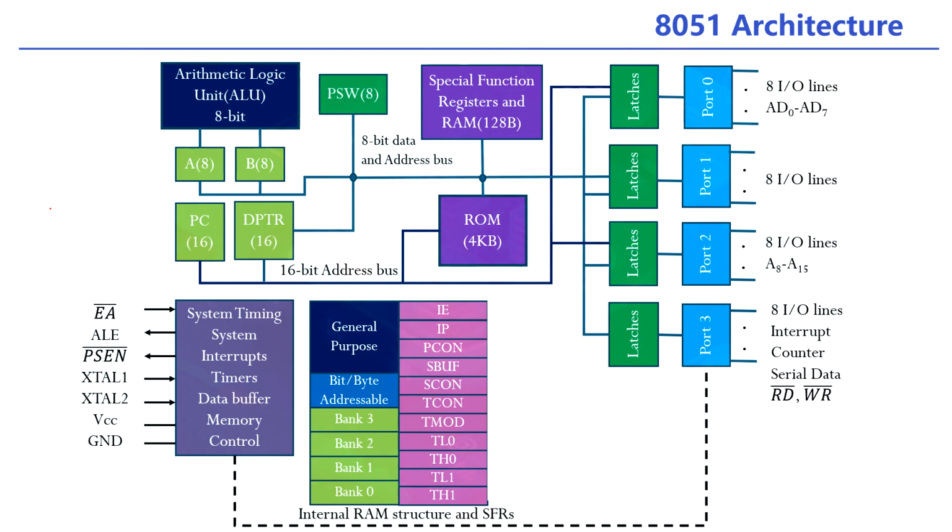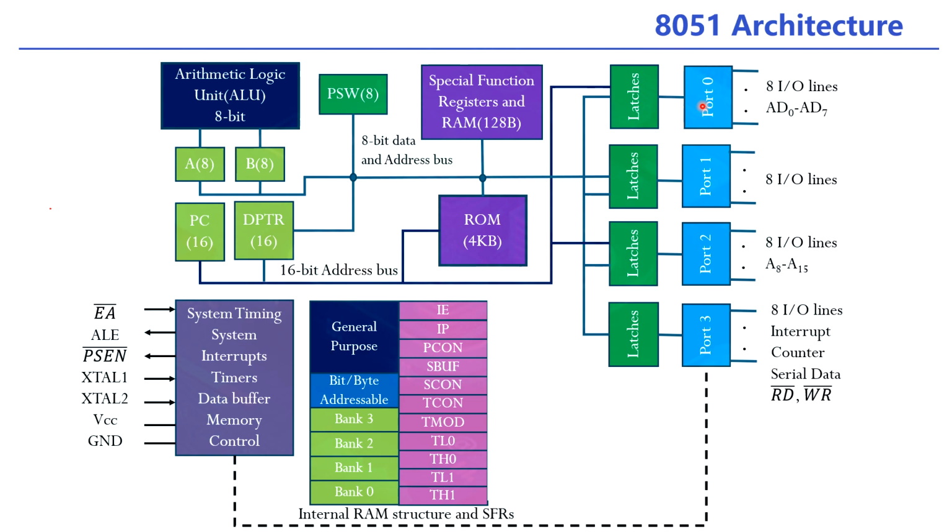128 bytes of RAM is available, and this is used to store the data of your program or application. ROM is used to store your application code as well as permanent data. There are 4 ports available.